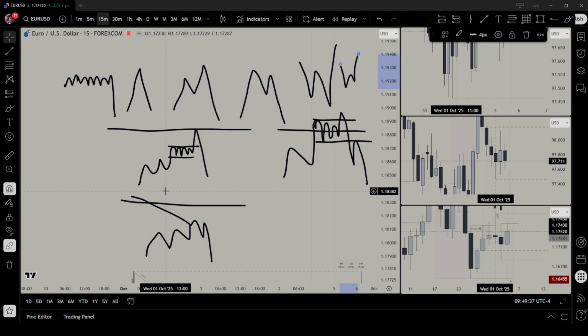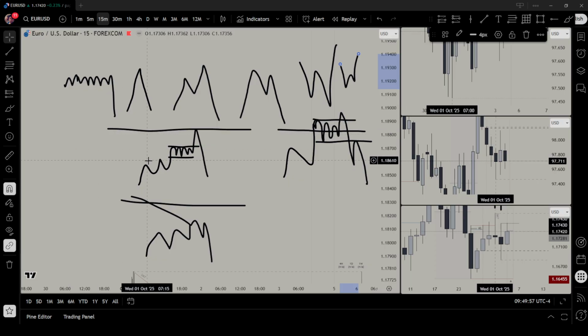How can you anticipate that? Anticipating it comes very easy, which comes down to your entry models. Your entry models determine what the reaction is. Your entry models and the time you enter, and that's primarily it.